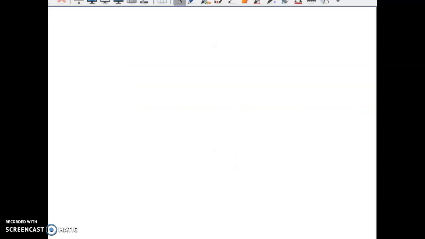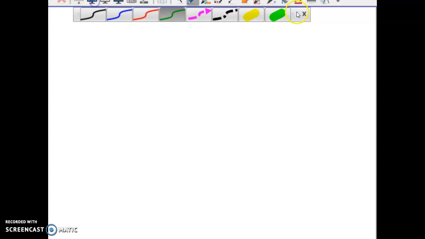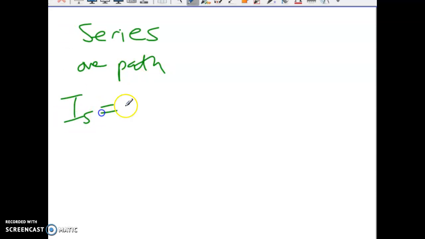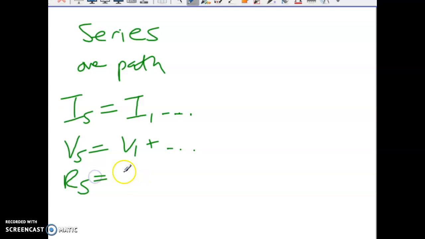So just a quick recap. You should know this by now. For a series circuit, we have one path. The current is all the same, right? They're all the same. Your voltage is additive, and your resistance is additive.